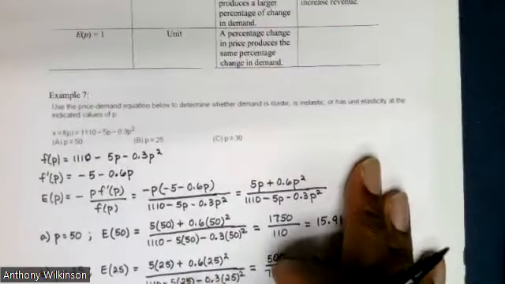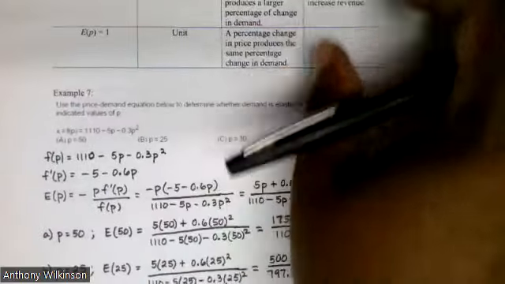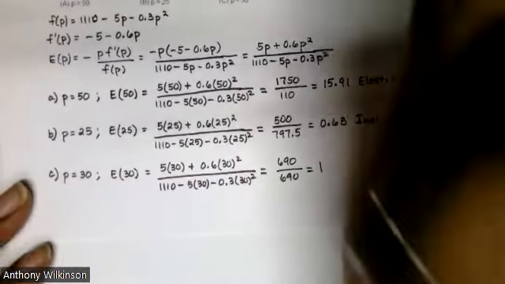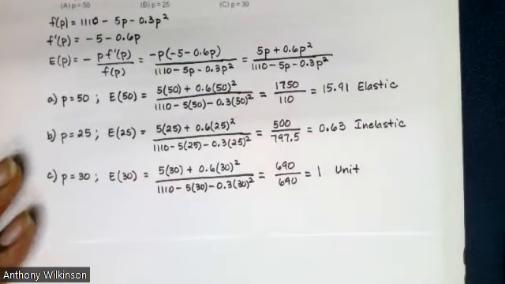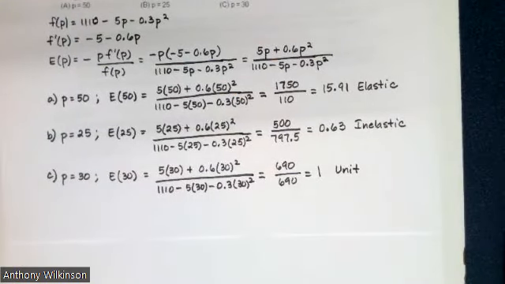That means I have unit elasticity. So that means that the percentage change in price produces the same percentage change in demand. So that means at a price of 30, my elasticity would be unit.